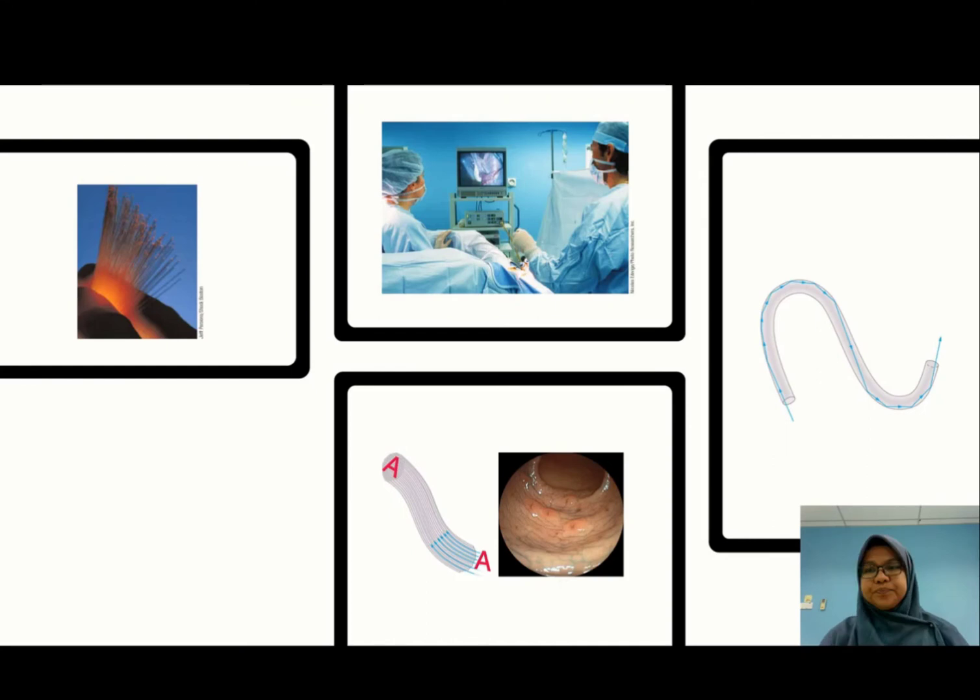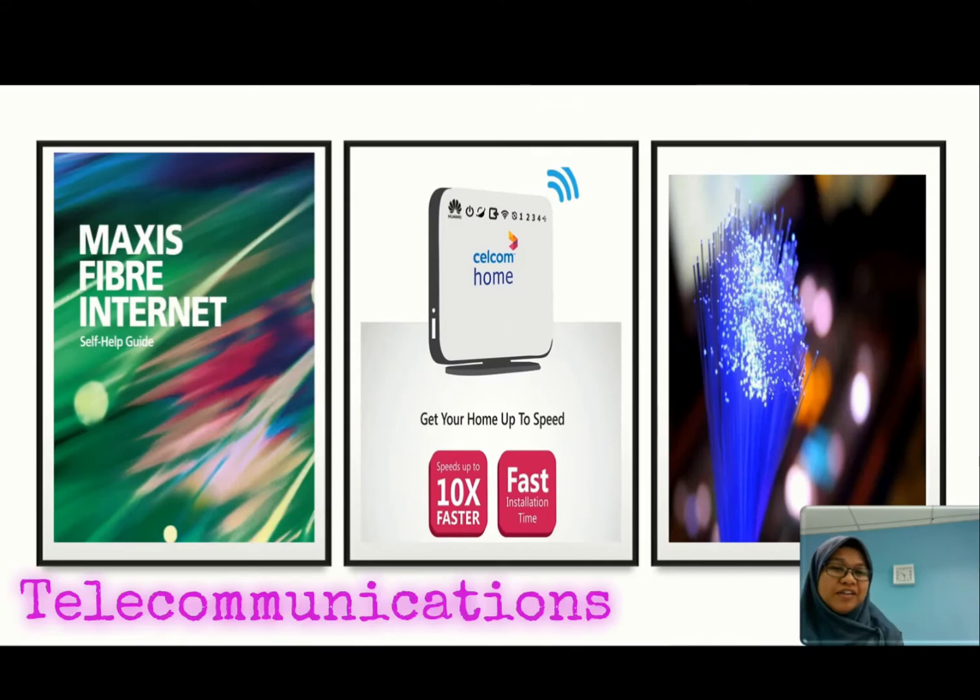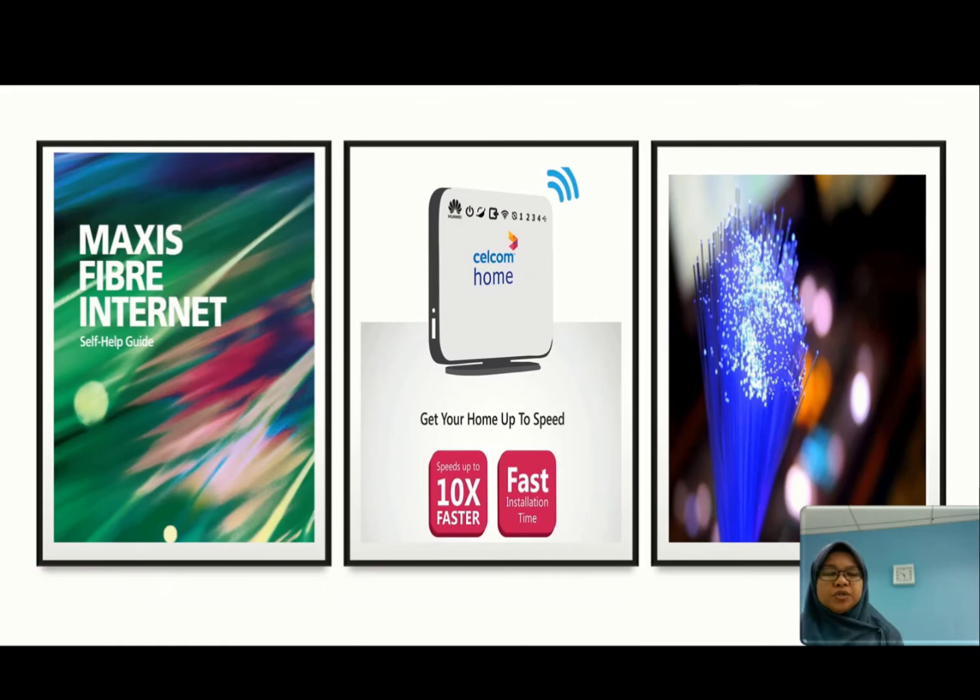This is not an advertisement, but I use these pictures. Fiber optics is also used in telephone communication. Electronic signals in wires are replaced by light signals, or sometimes infrared pulses, in the fibers. You usually see these advertisements: Maxis fiber internet, home fiber. Actually, the electronic signals change to light signals.